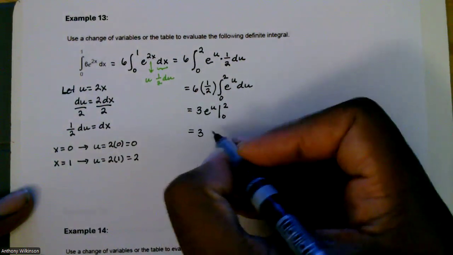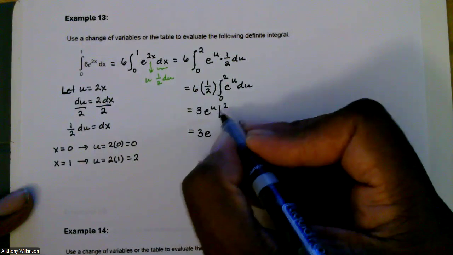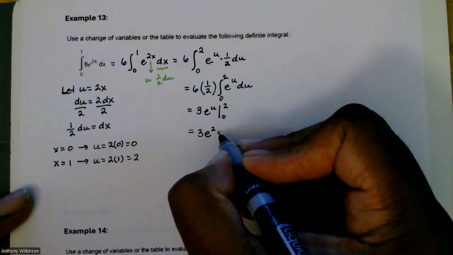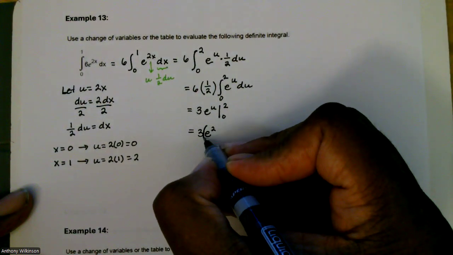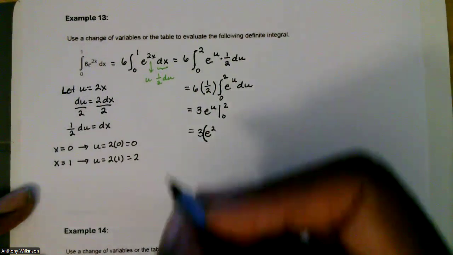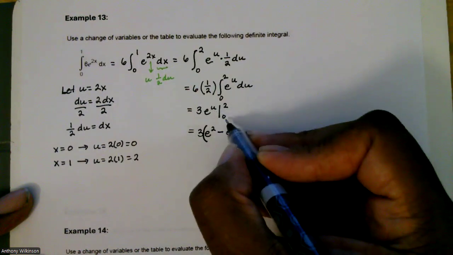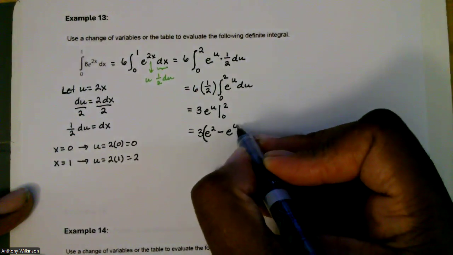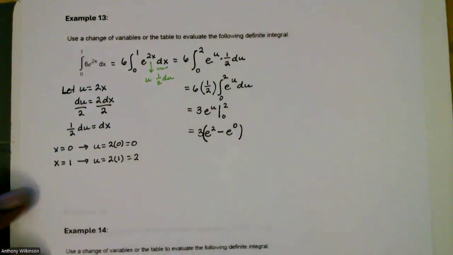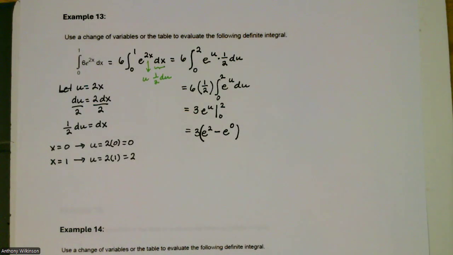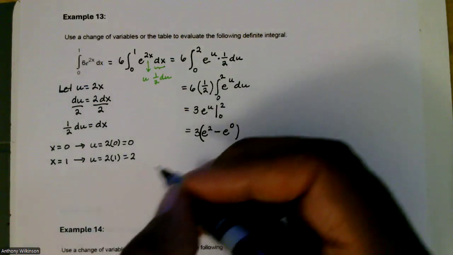All right, so I have 3 times e to the upper limit, that's 2. I'll tell you what, let me put the e squared in parentheses, minus e to the u, which is my lower limit, that's 0. So I have 3 times e squared minus e to the 0 power.